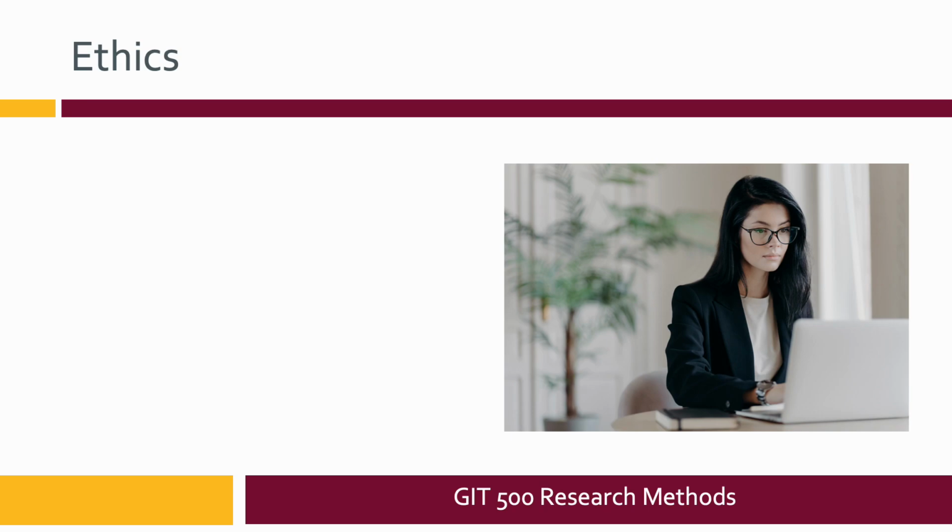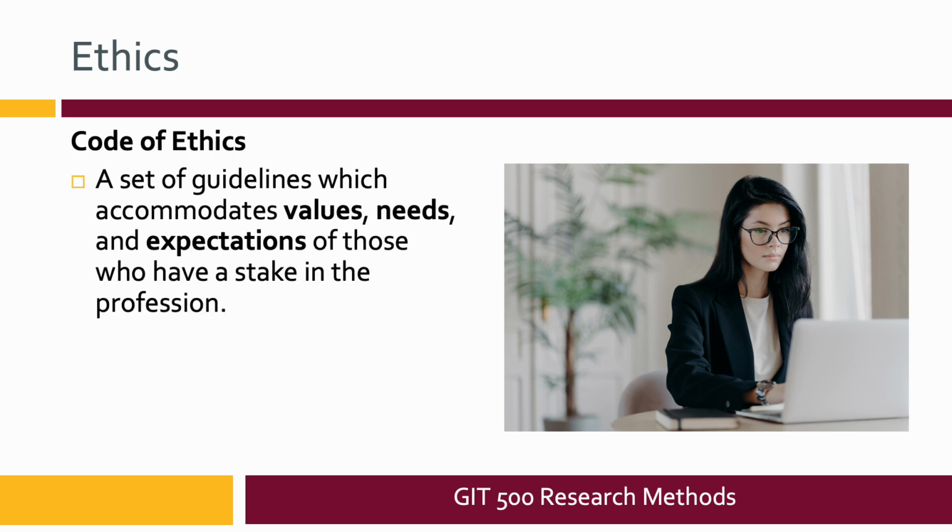What do we mean by ethics? Well, there's two ways to think of ethics. There are codes of ethics, which are basically just a set of guidelines that talks about values and needs and expectations of anybody who has a stake in whatever profession we're applying these ethics to.